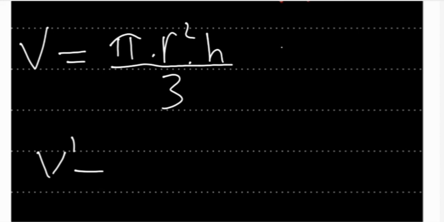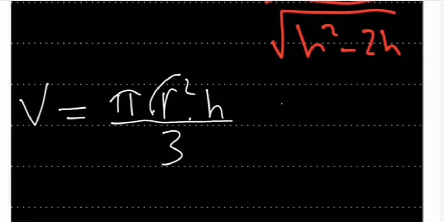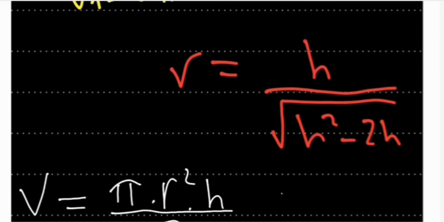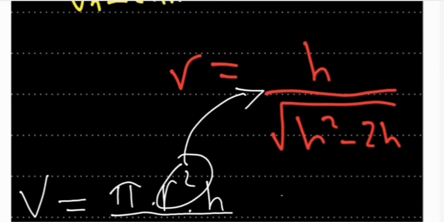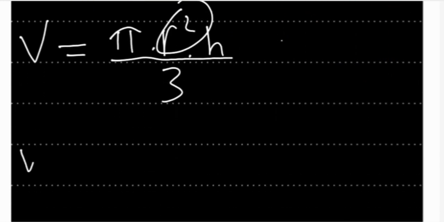But how can we take this derivative, because we have r and h that might vary? Well, we know the value of r, so we can put it in and then we will have only one variable.